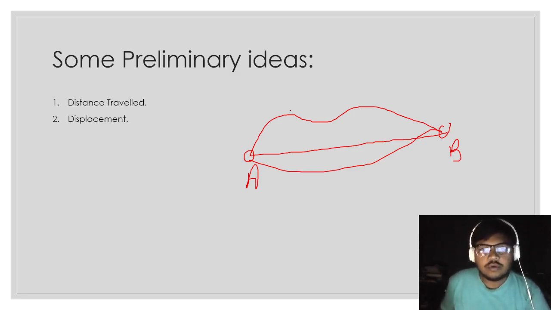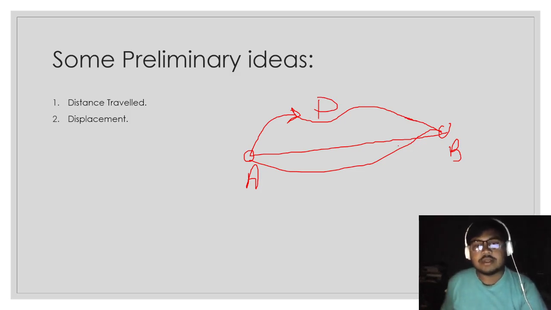If he goes this way, we can see he has to move a larger path. Then we say that the whole distance he traveled, this full path, is called his distance traveled.